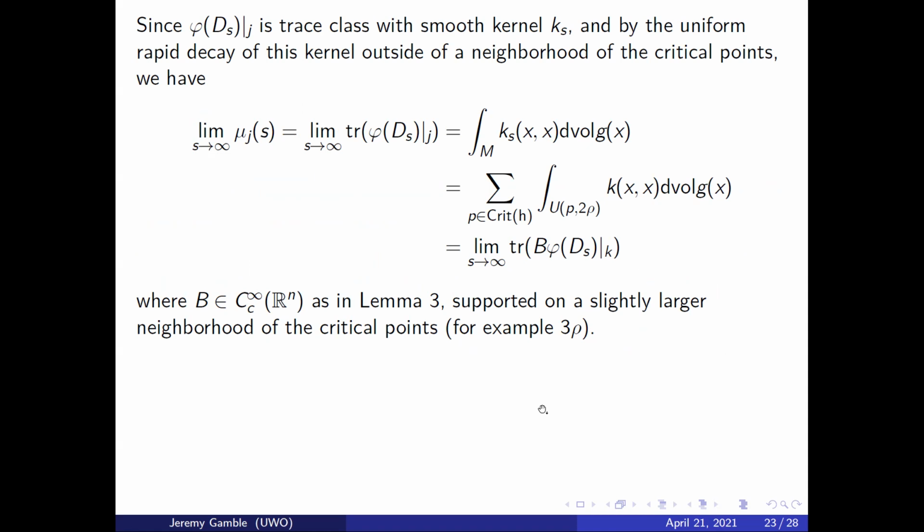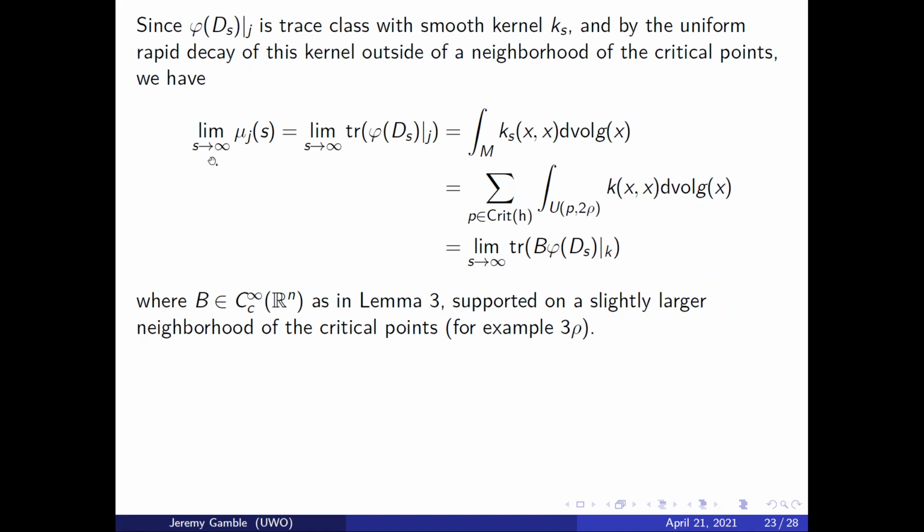Okay, so now we're almost at the proof. We've got the Betti numbers independent of s. Now we just need to show that in this large s limit, these mu sub j of s become the nu sub j.